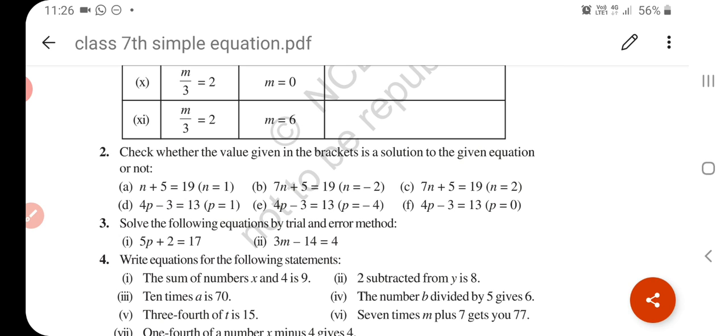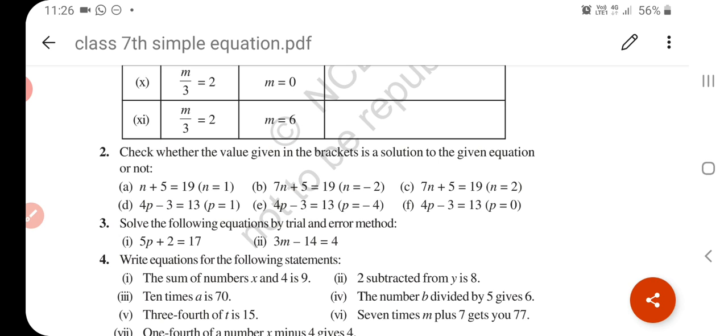What is rule 2? If the same number or term is subtracted from both sides of the equation, it remains the same. What is rule 3? If you multiply both sides of the equation by the same non-zero number, the values of both sides remain equal. Understand? Or what is the fourth rule?